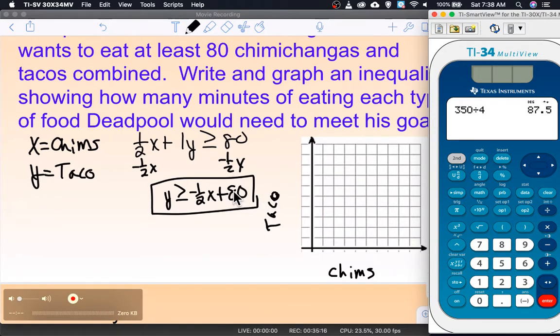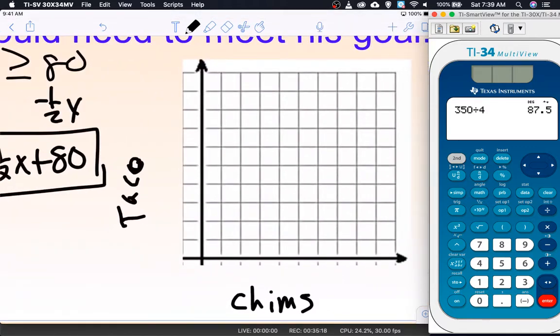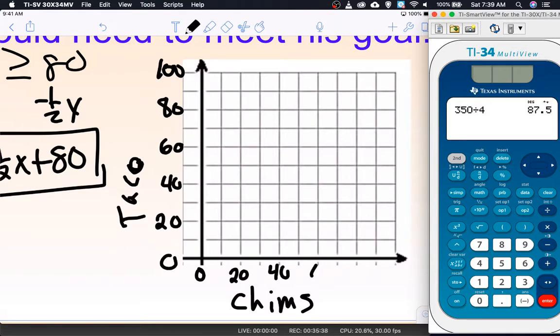So I think counting by tens is good again. 10, 20, 30, 40, 50, 60, 70, 80, 90, 100. And again, I like to use the same scale if I can on both axes. So I'm going to. Oops, I almost put 30. 40, 60, 80, 100.